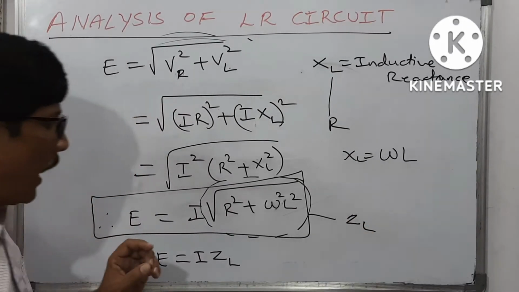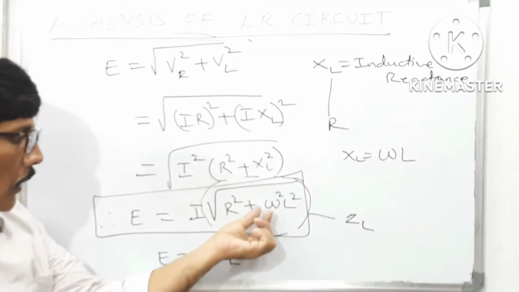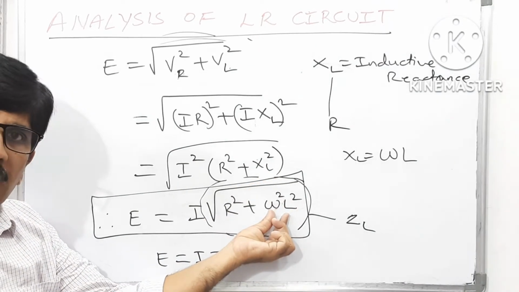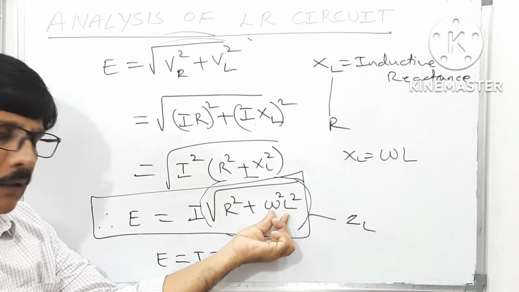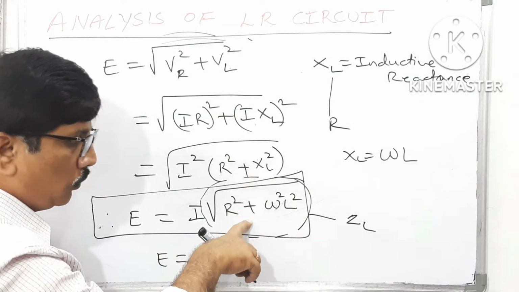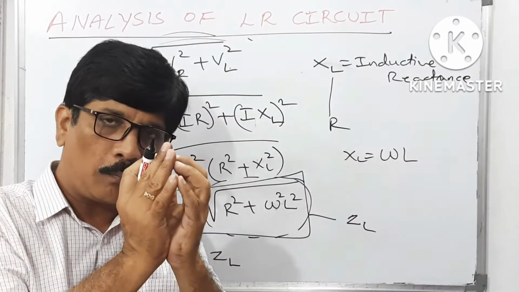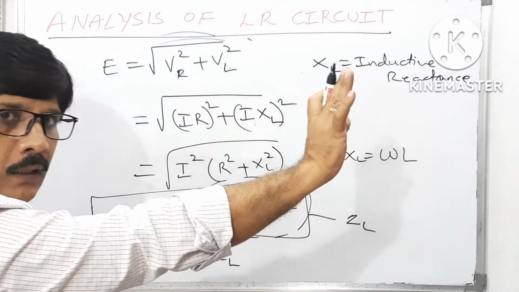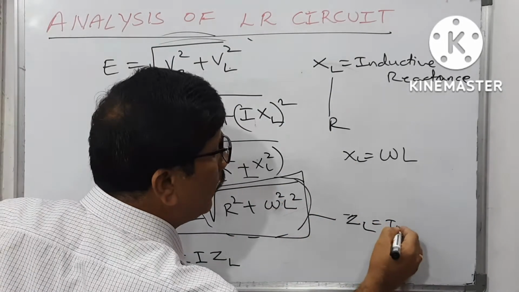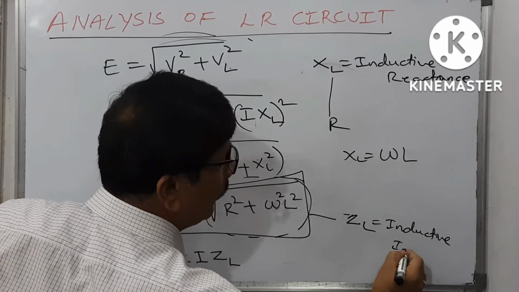That means I already said R is the resistance offered by the resistor. Omega L or XL is the resistance offered by the inductor to the current. But the combined resistance of these two, resistor and inductor, both acting as a single component, is offering certain resistance to the current. This is called inductive impedance.